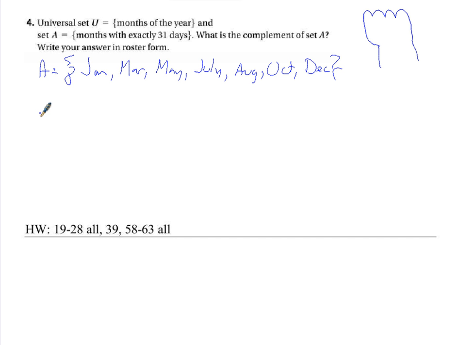What do I write? A prime equals, squiggly bracket, February, the greatest month of the year. April. June. We have July and August. September. We have October, November. There it is.